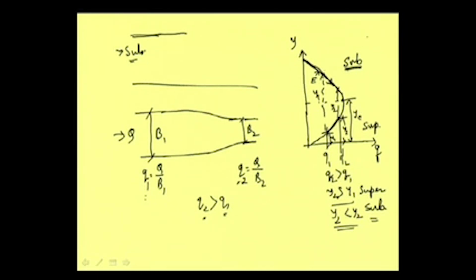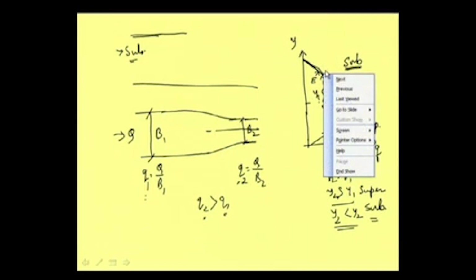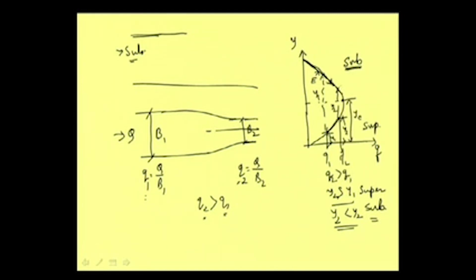If our energy loss is negligible, or we neglect the energy loss in this portion, then what will happen? In this diagram, of course, our Q1 is smaller. So, Q1 will be this one. Let me draw another curve. This was just to explain the understanding of this particular curve.